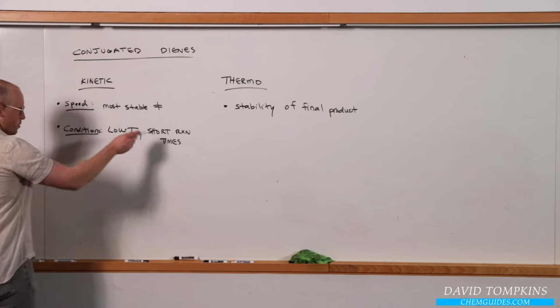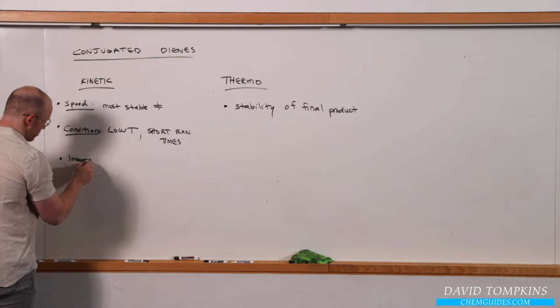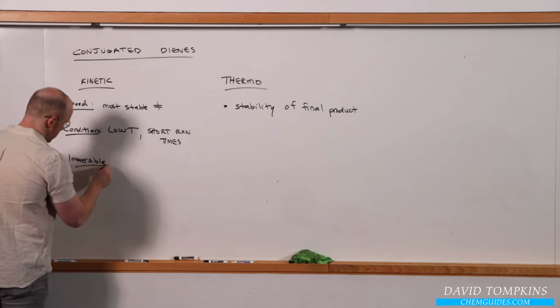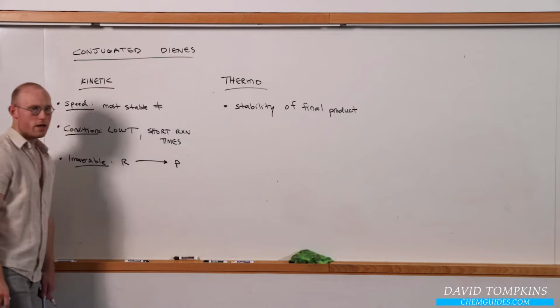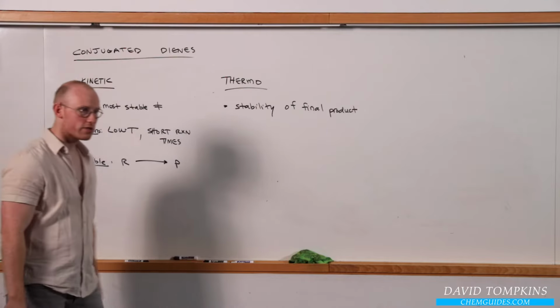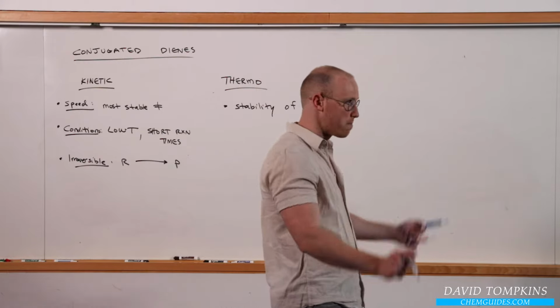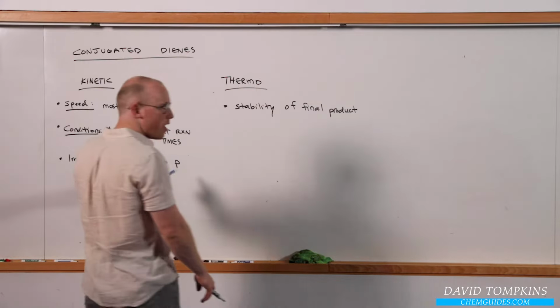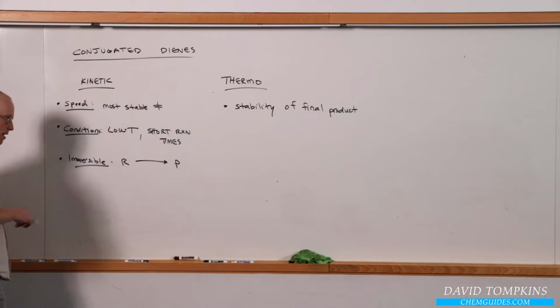So low temperature and short reaction times indicate that we are under irreversible conditions, or the reactant reacts to form product, and whatever happens first is the reaction that happened fastest, and you're stuck with the product. It doesn't matter if the product's stable or not. It's all about the fastest route to get to product, and it happens once.